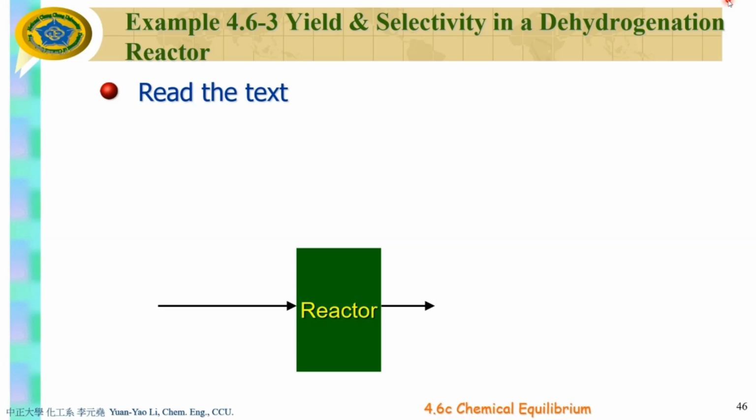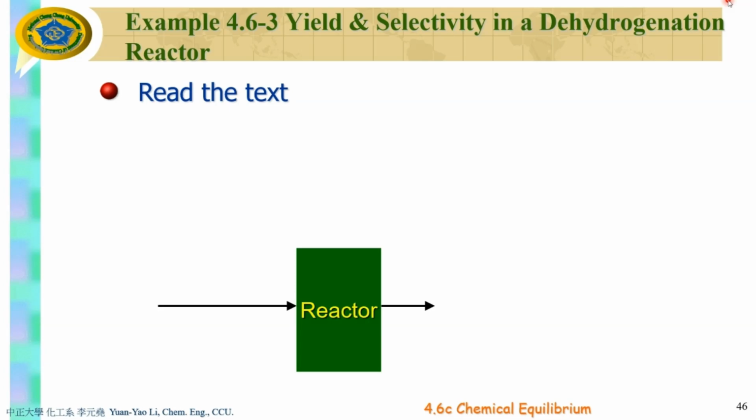Taking continuous reactors at steady state, that means there's no accumulation, right? The feed contains 85 mole percent C2H6, and then balance inerts. So obviously this reaction has inert gas. Inert gas means there's no chemical reaction. The fractional conversion of C2H6 is 0.501. So you know the fractional conversion of C2H6 is about 50%.